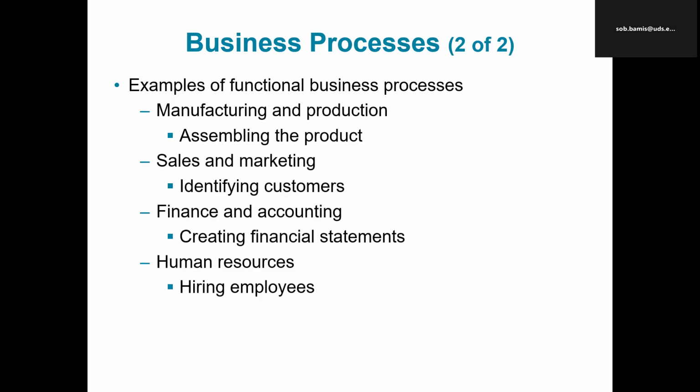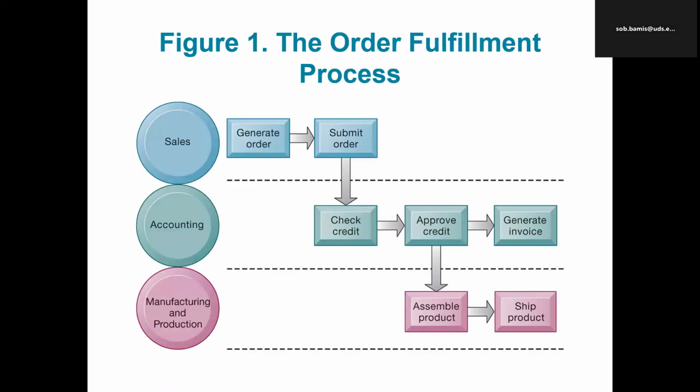They are mostly in charge of identifying customers and then trying to make sales to them. We also have finance and accounting. They are also helping you take good records of your finances, create your financial statements, reports, and what have you. Then your human resource function also.